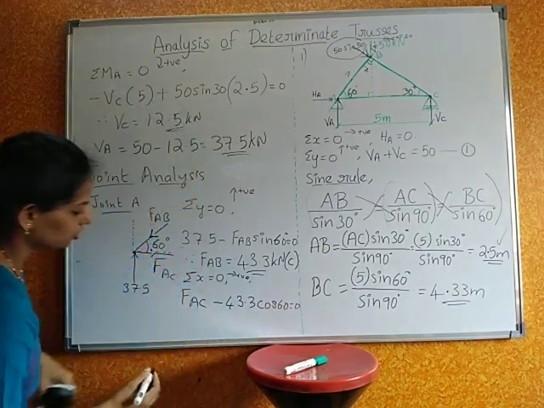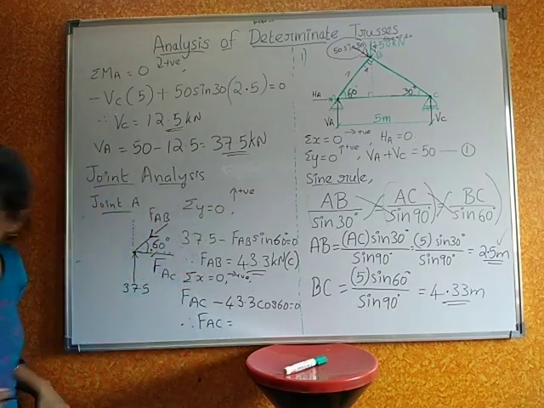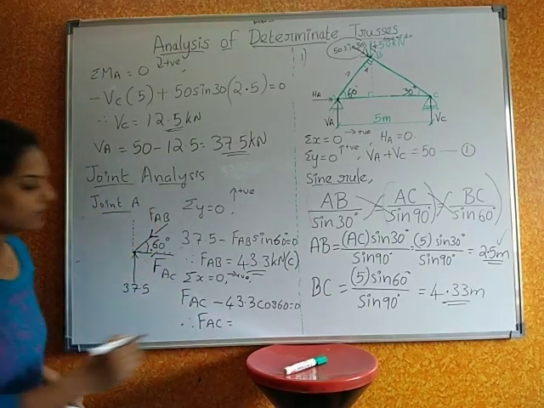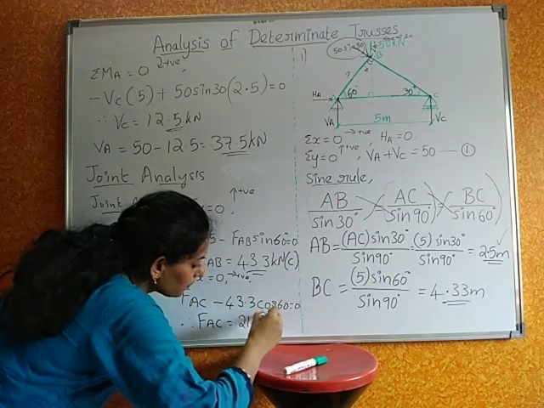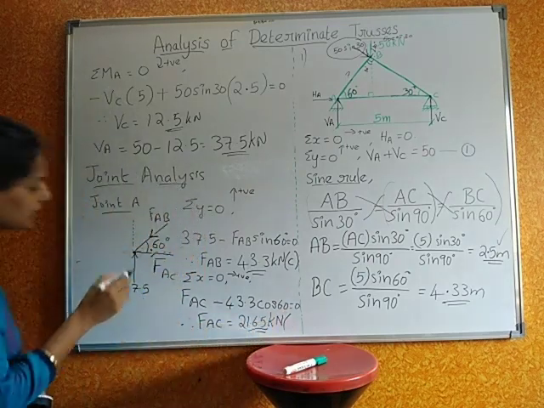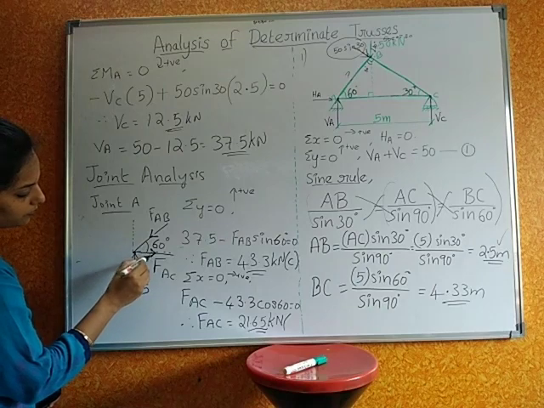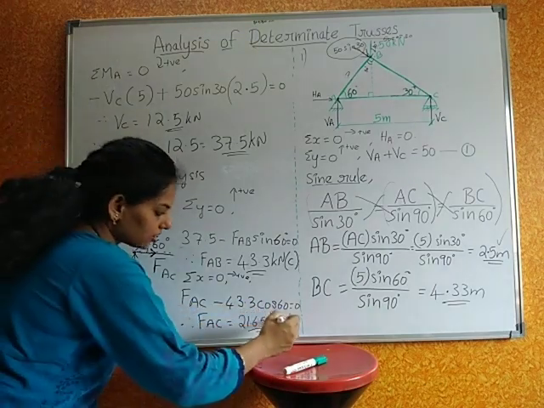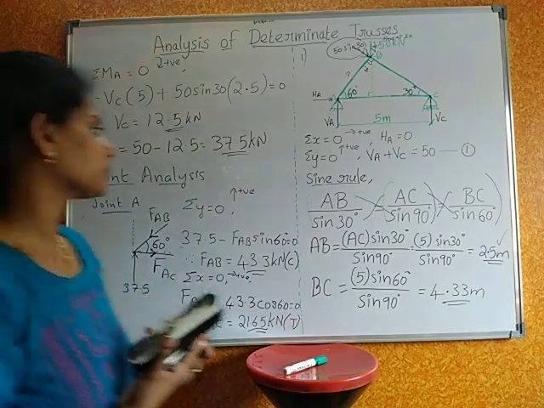Equal to 0. Therefore FAC is 21.65. See the direction here, it is moving away from the joint. Away from the joint is nothing but tension, so just mark it as T.